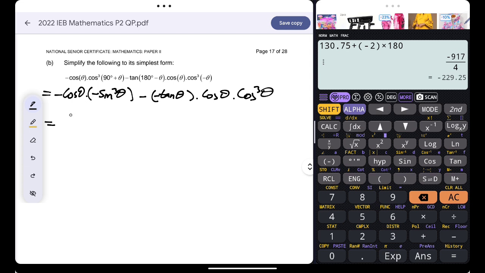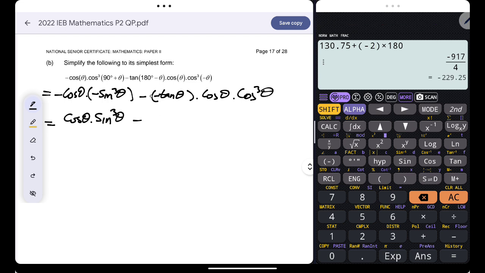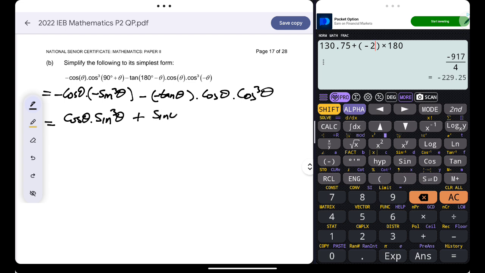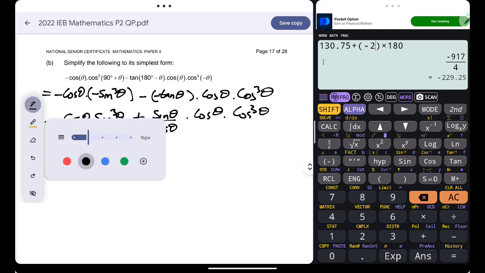I have a positive cos theta multiplied by sine cubed theta minus, or here I have negative and negative as well. So I'll have a positive sine theta over cos theta multiplied by cos theta and cos cubed theta.